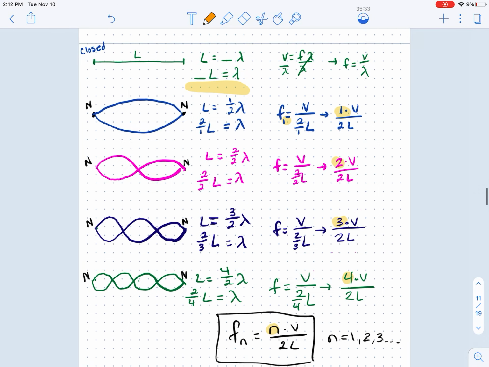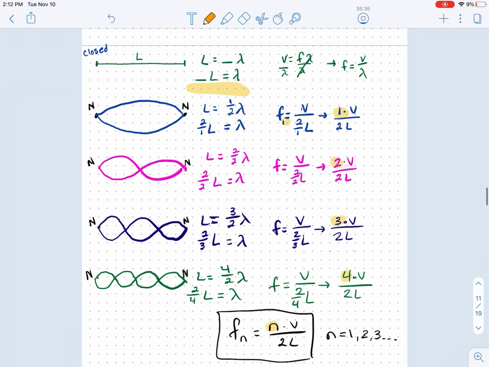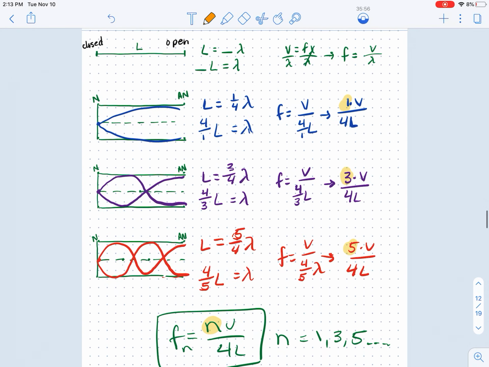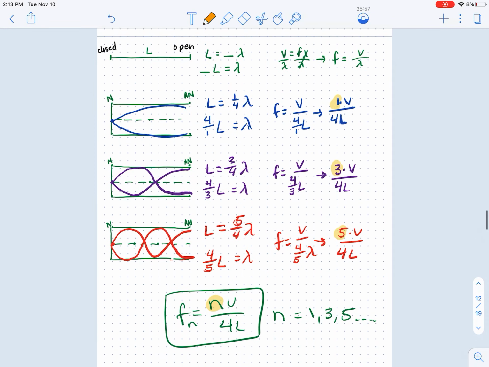I will upload an additional video to explain, but here I have gone through an illustration of how those different standing waves are created. So I've gone through the different harmonics. Here we have a situation where our system is closed on both ends. So this would be like the string that was oscillated in the classroom in order to create that physical standing wave.